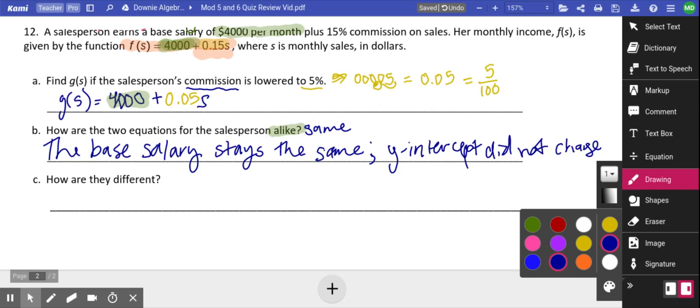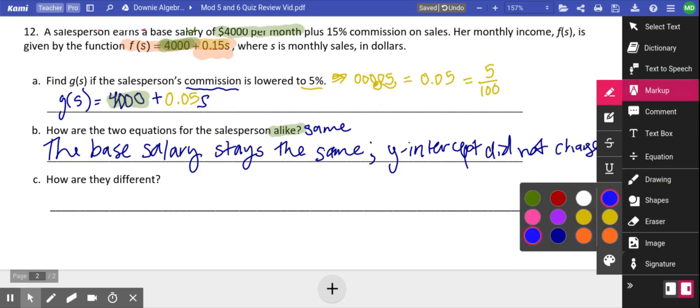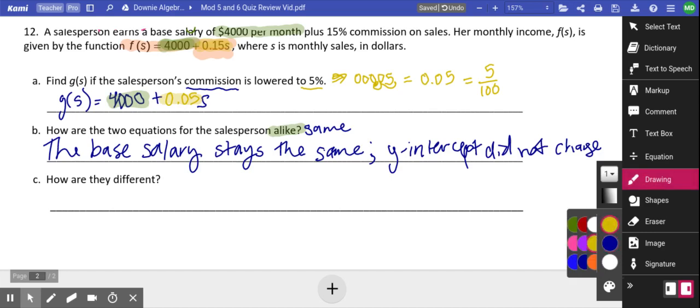For part C, we're asking, how are my equations different? The only thing that changed was our 0.15 versus our 0.05. Now that represents our percent commission and sales.